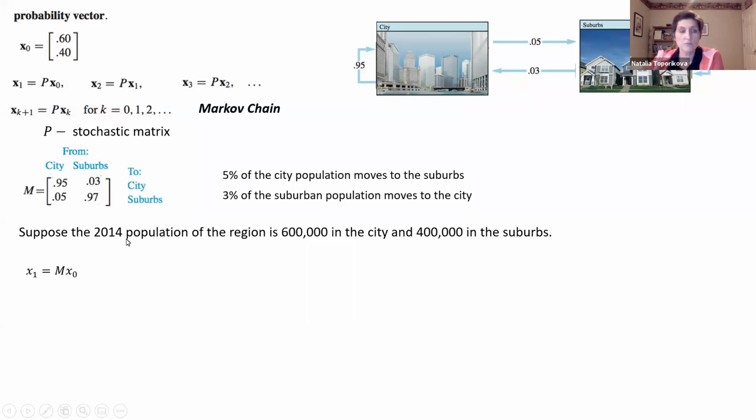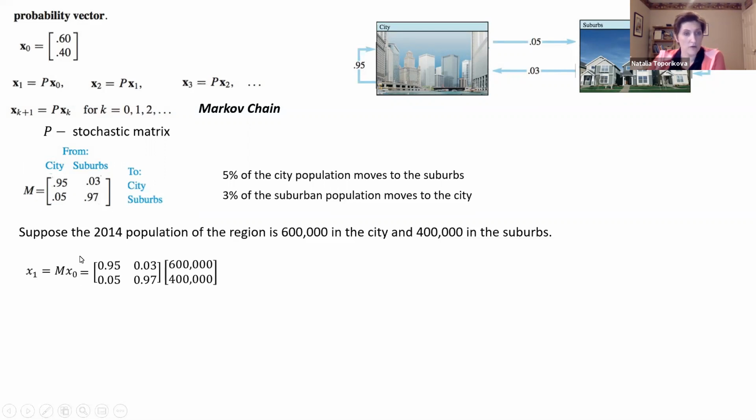Let's try to make a prediction for the next year, 2015. Again, X0 represents 2014, so 1 year later will be 2015. All we have to do is take our vector, which represents our current population, and multiply it by our stochastic matrix of movement, and we'll get a prediction for the next year.